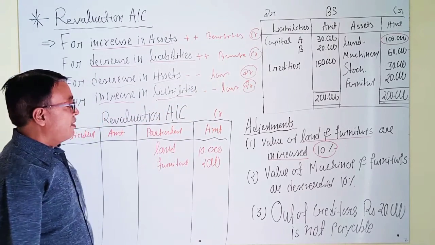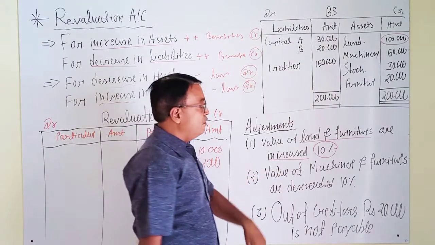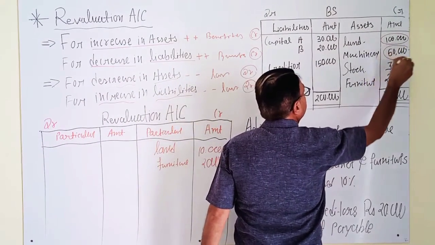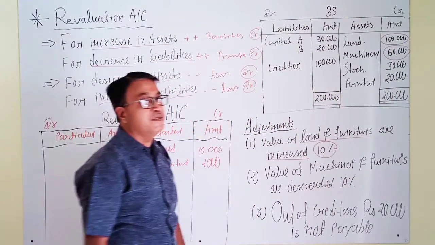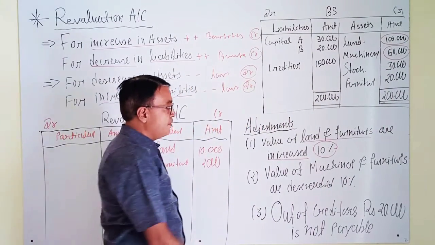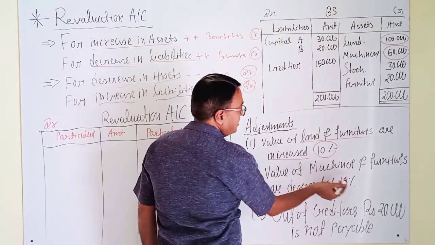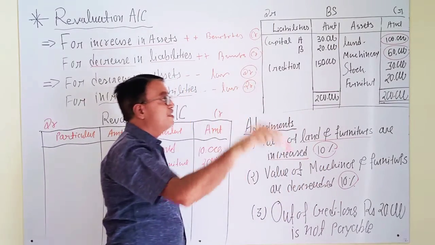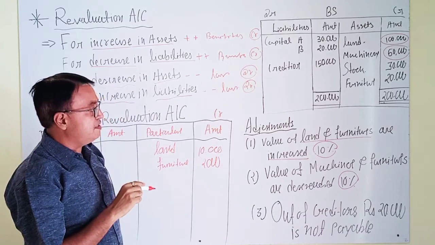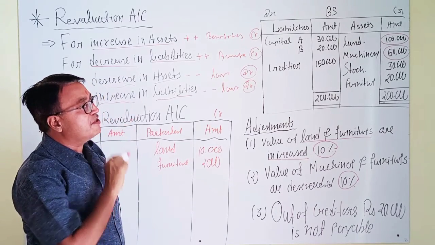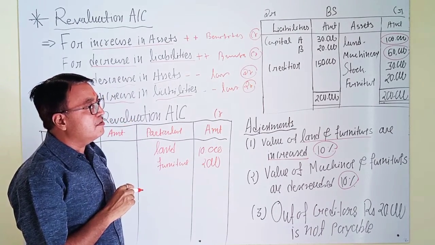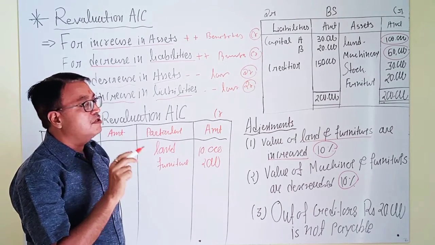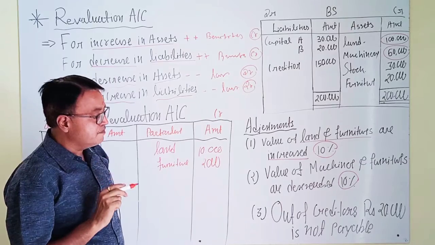Now, machinery's value is given as rupees 50,000, and machinery's value will be decreased by 10%. 10% of rupees 50,000, what will be the amount? 10% of 50,000 means rupees 5,000.